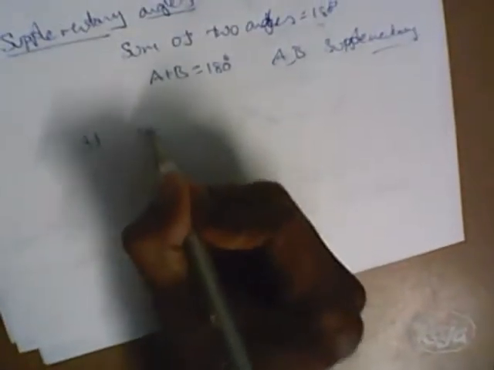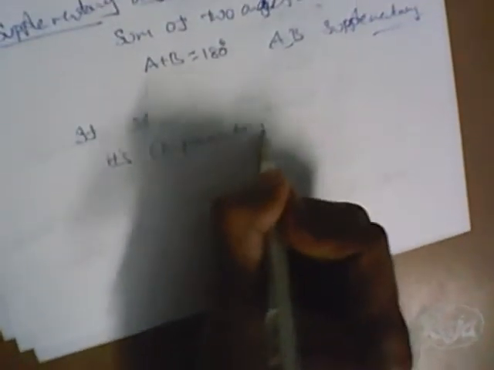Now I want to quote you. If one angle is 30 degrees, then find out its complementary angle. What could it be? It could be 90 minus 30. That means 60 degrees.